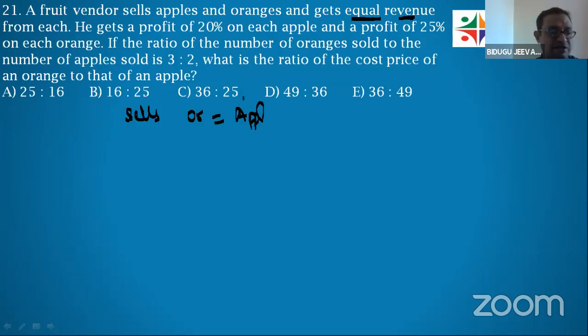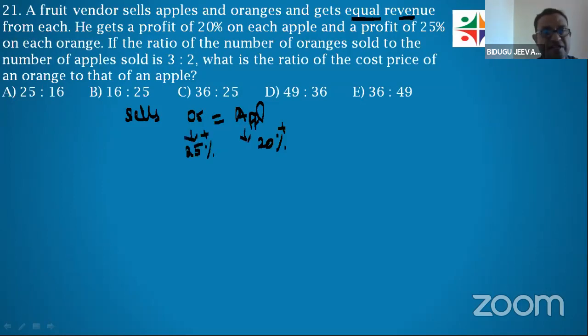Now, he gets a profit of 20% on apples, and the profit on oranges is 25%.